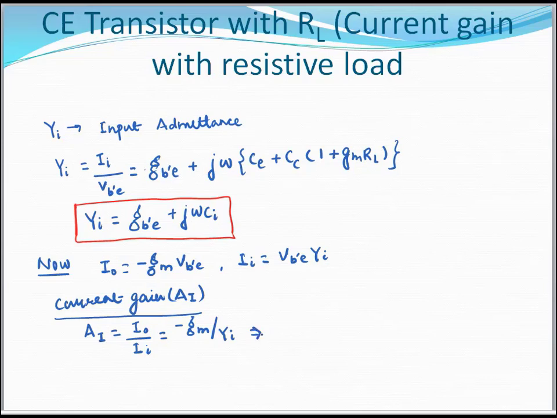So we can write Ai is equal to minus of Gm by Gb'e plus j omega Ci.